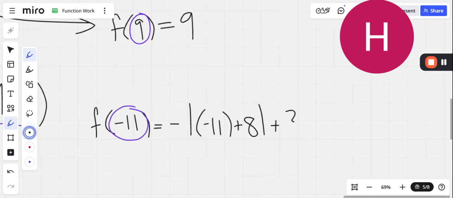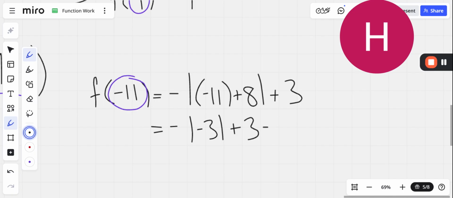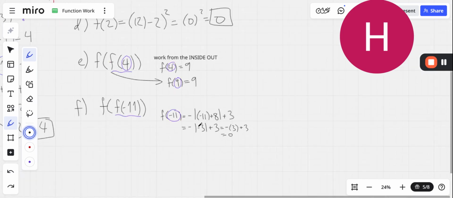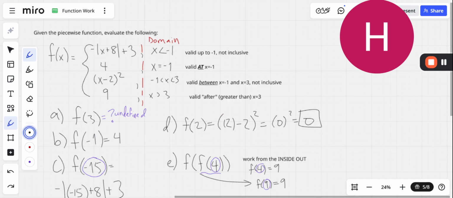This, of course, will be a -3 in the absolute value, but since the absolute value of -3 is positive, we'll switch that. And don't forget that there's a negative in front. So even though the absolute value becomes positive, there's a negative in front of that, which turns it back to negative. Little flip-flop action there. And then we're going to add 3. So the result is 0.